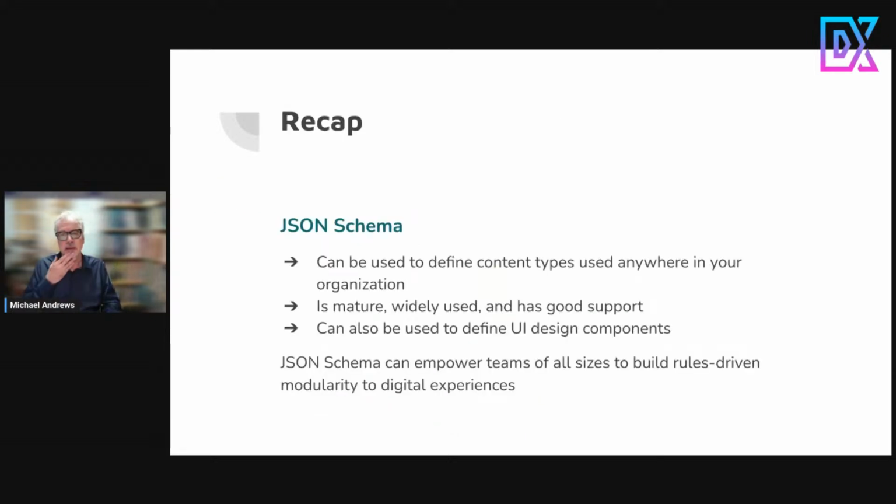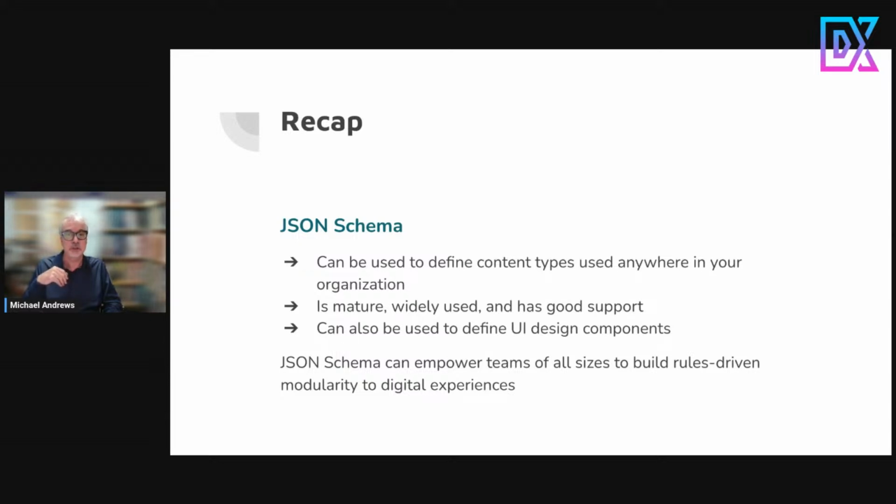So just to recap a bit, JSON Schema can be used to define our content types anywhere in our organization. It's not dependent on any one system that you're using. You can define your content types in this external registry for whatever applications you have. And this gives you the ability to start small and use it where it makes sense already, and then roll it out wherever else it might be useful.